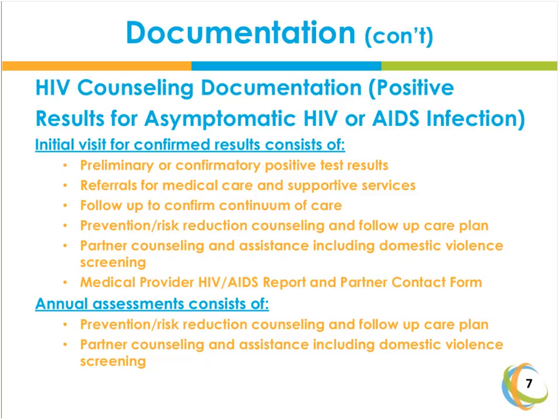The documentation for the initial visit for the confirmed results should contain the preliminary or the confirmatory positive test results, referrals for medical care and supportive services, follow-up to confirm continuum of care or the coordination of care efforts, prevention and risk reduction counseling along with a follow-up care plan, partner counseling and assistance including domestic violence screening if this is applicable, and Medicaid provider HIV/AIDS report and partner contact form must also be completed, and it should be documented in the medical record that this was completed.